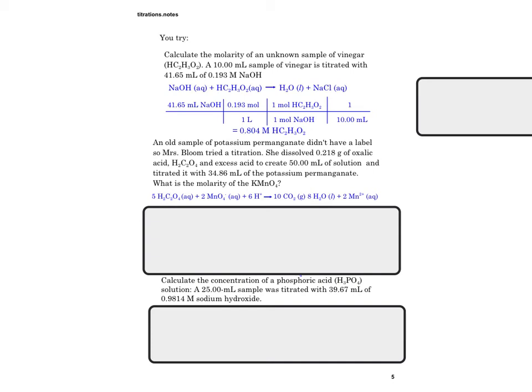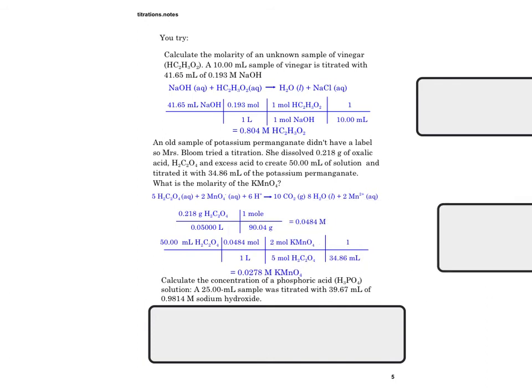The second one, here's the balanced equation. It's a lot more complicated. So let's take a look at this problem. The first thing I did was find the molarity of oxalic acid. Grams divided by volume divided by the molar mass gives me the molarity.